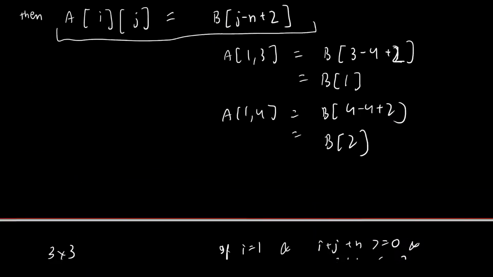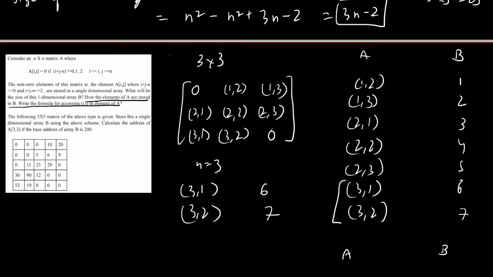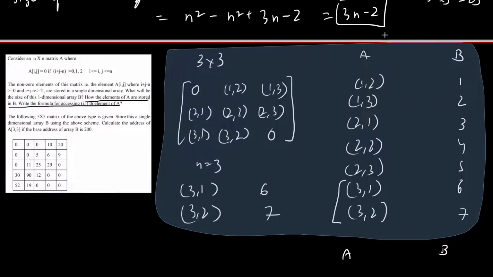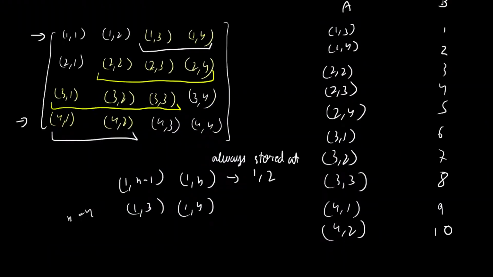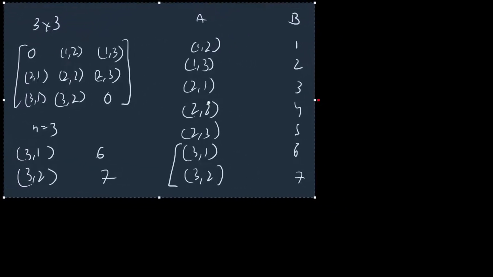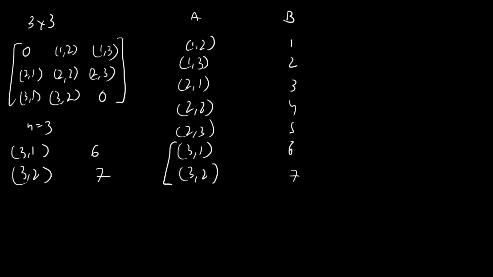With that being done, now we have to proceed to the intermediate matrices. For that, let's check. Again, taking 3 cross 3 as an example, and then 4 cross 4 as well. So for 3 cross 3, except one, 3 cross 3 doesn't really give an idea as to how these elements will be stored.